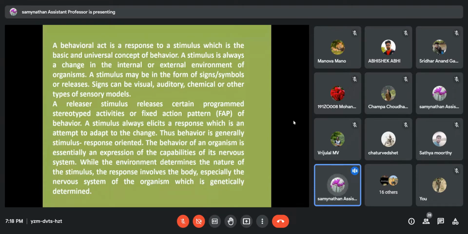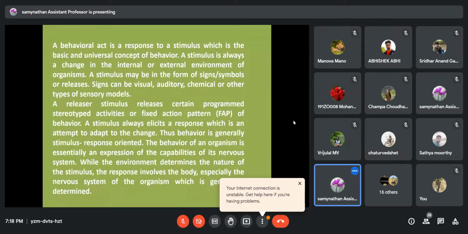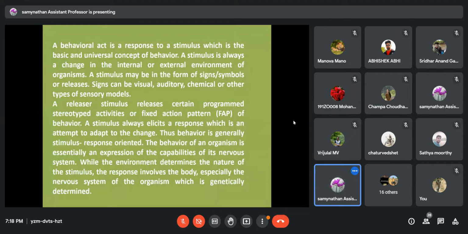A stimulus may be in the form of signs, symbols, or releasers. Signs can be visual, chemical, or other types of sensory modalities. Okay, a released stimulus releases certain programmed stereotyped activities, or fixed action patterns of behavior. A stimulus selects a response, which is an attempt to adapt.